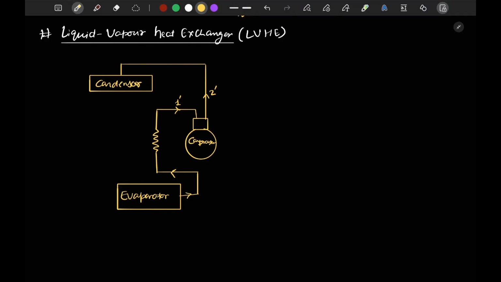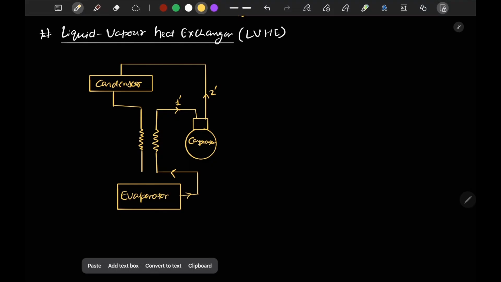Now, from the condenser exit, the refrigerant is at high temperature. So what we have done is use it to interact with your inlet refrigerant. Here a heat transfer will take place between your condenser output and that of the compressor input.